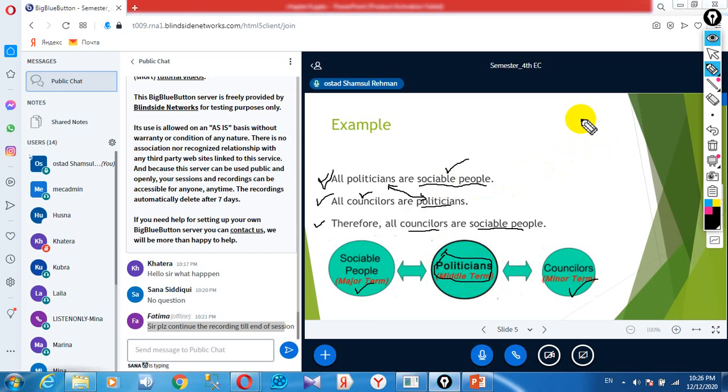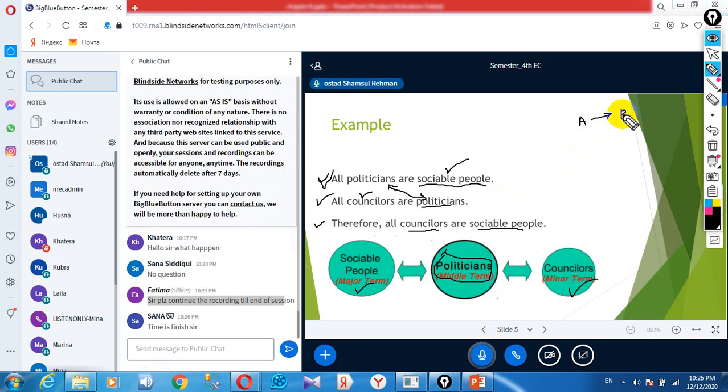Say A is politician, the middle term. B is the major term, social people. C is the minor term, the counselor.